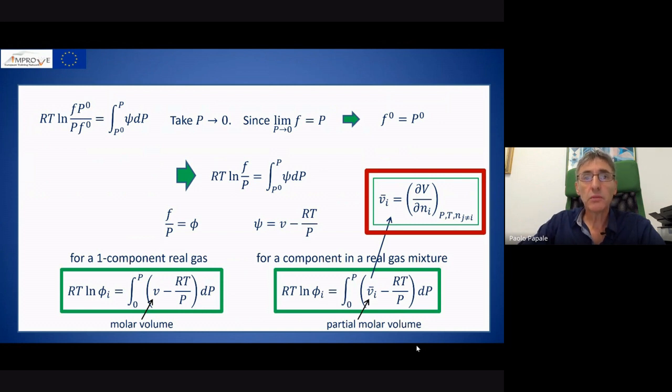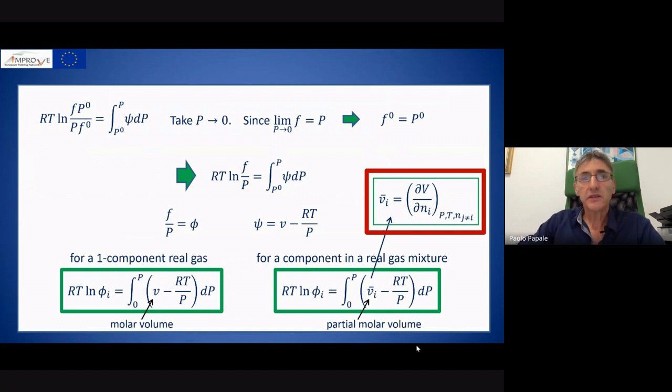Conversely, volume, entropy, enthalpy, and any other energy form, such as Gibbs energy, are all extensive quantities. Therefore, there are corresponding partial molar quantities. We have seen already that the chemical potential of a component in a mixture corresponds to its partial molar Gibbs energy. For a pure component, the partial molar and the molar quantities obviously coincide.